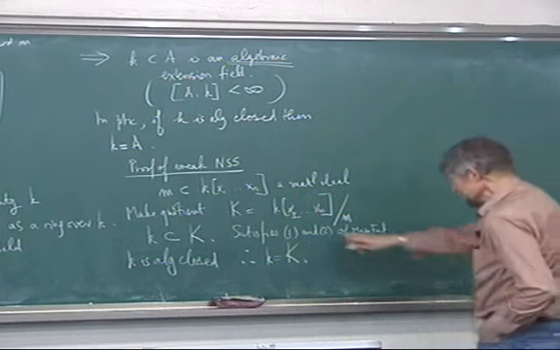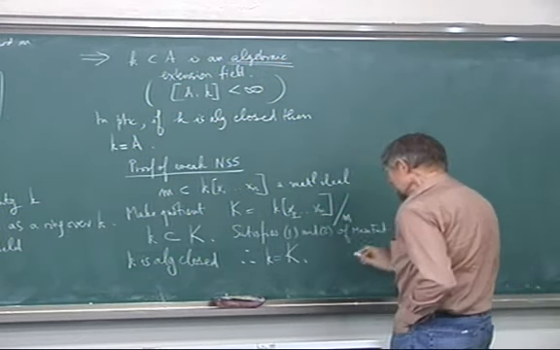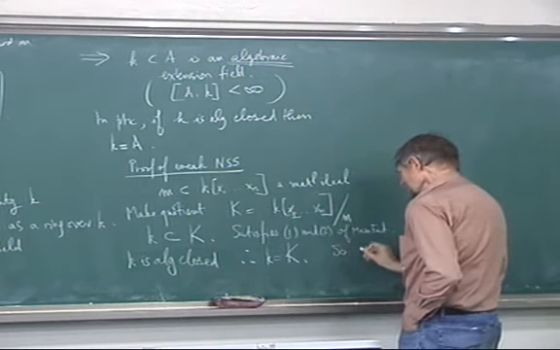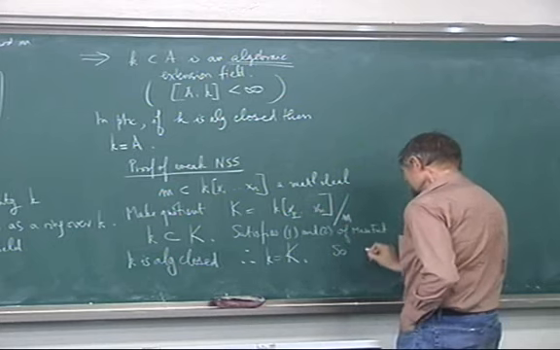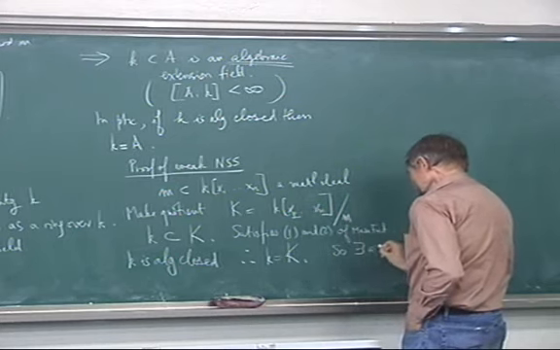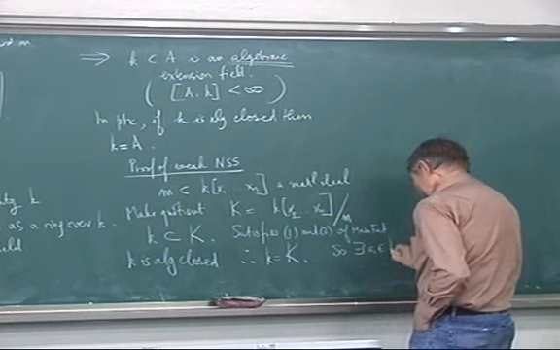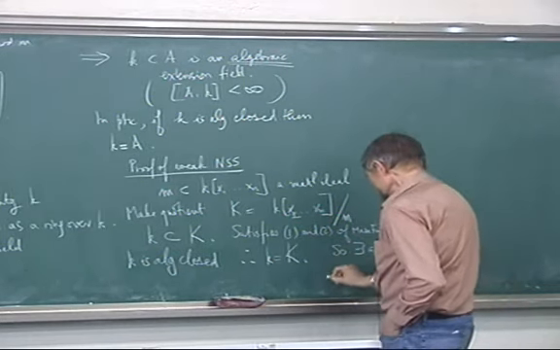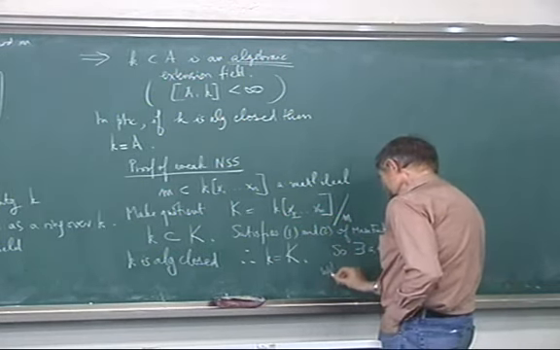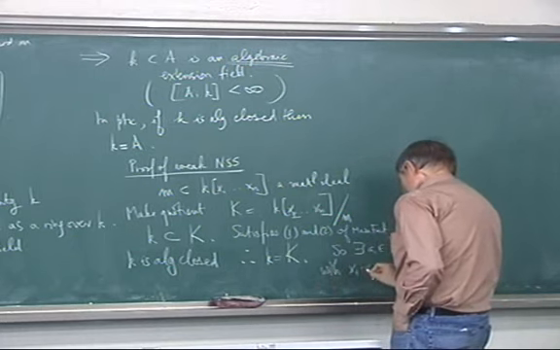Right, and this means that there exists a_i in k with x_i minus a_i in M.